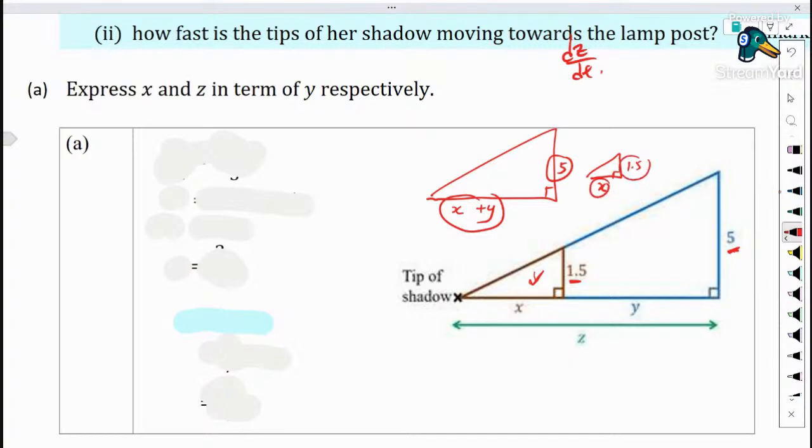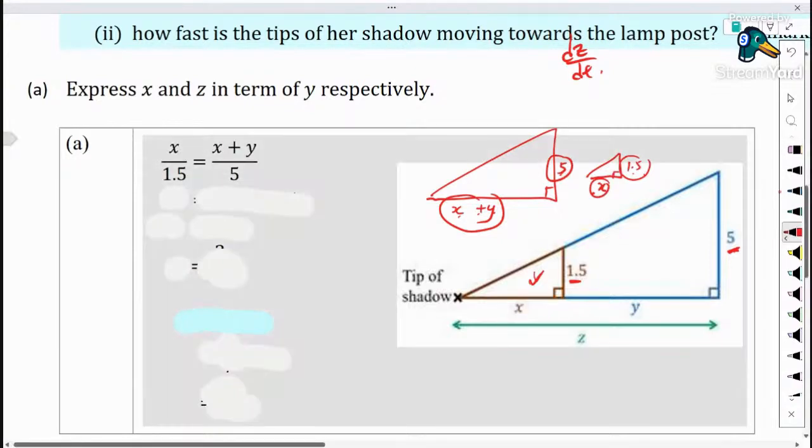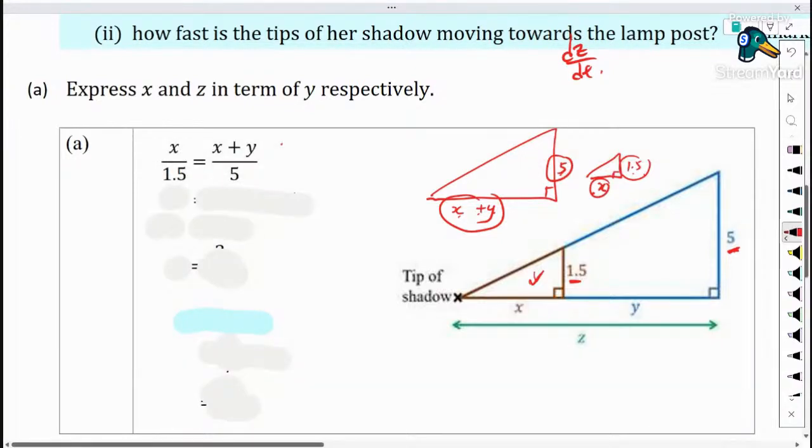Or maybe x plus y divided by x equals 5 divided by 1.5. So by using the properties that we know on similar triangles, and considering the best way to write x in terms of y, I have written the equation in this form, where x divided by 1.5 is the same as x plus y divided by 5.